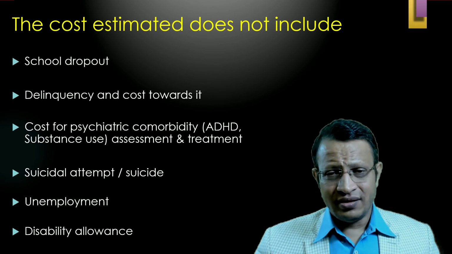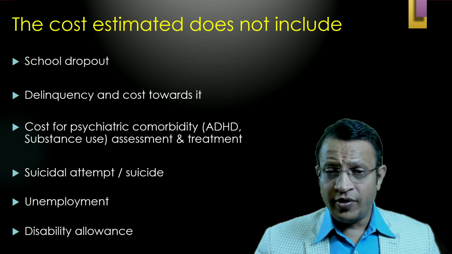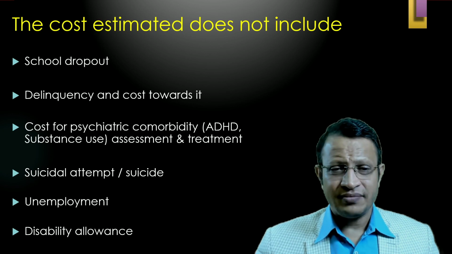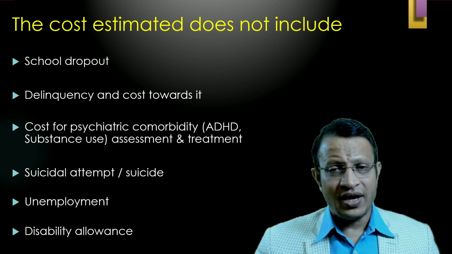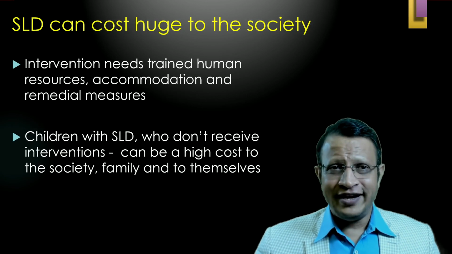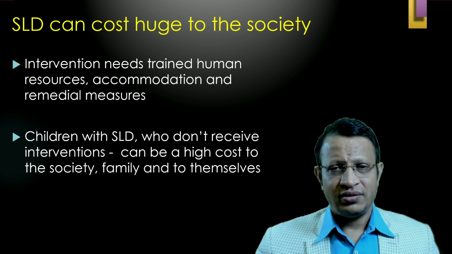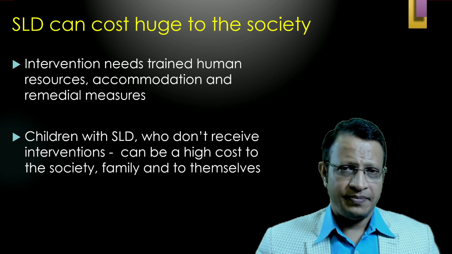We have not costed the suicide attempt, death by suicide, unemployment because the child did not continue the studies, and the lifelong disability allowance. These are not accounted for. All this clearly indicates that SLD can place a huge burden on the exchequer of society.